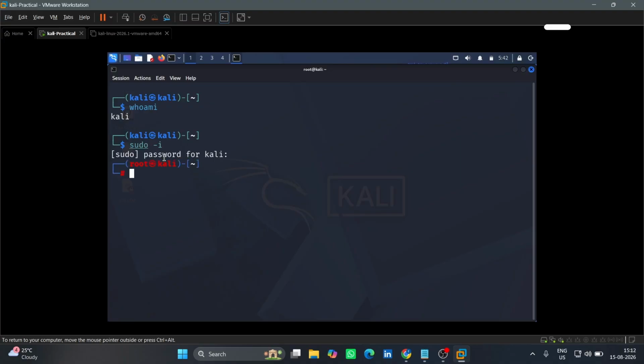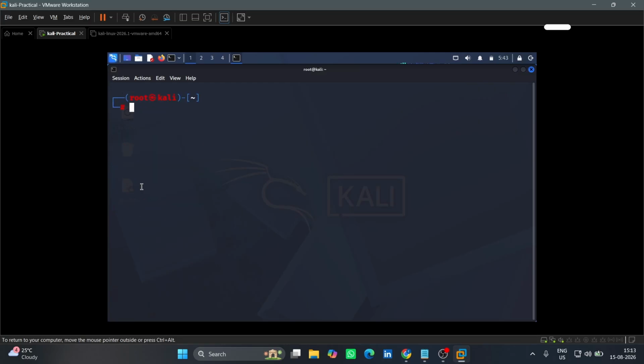Now I switch my user from Kali to root, and when I run whoami, it reflects root. So whoami is the command you can use to know which user you are currently logged in as.